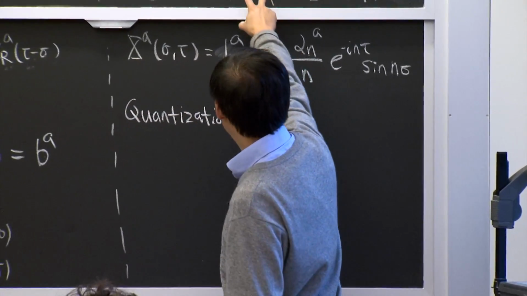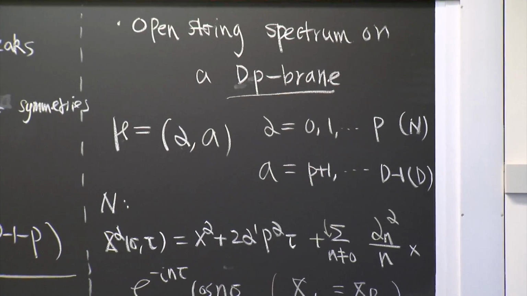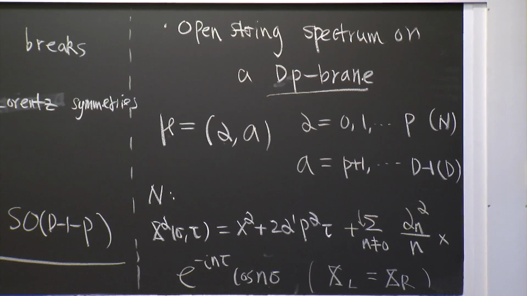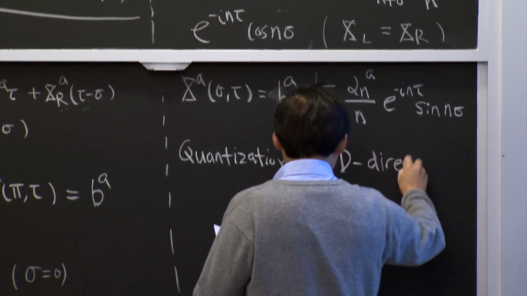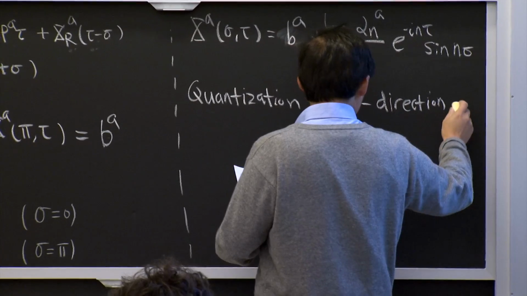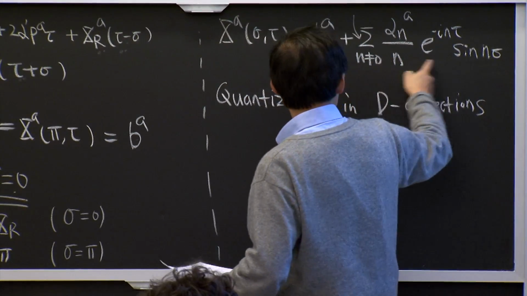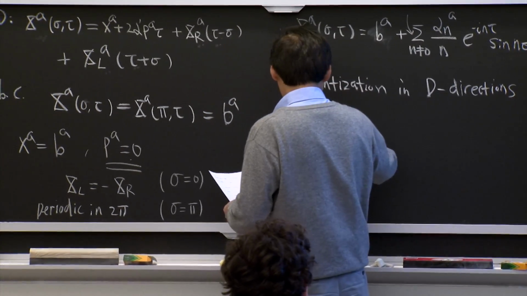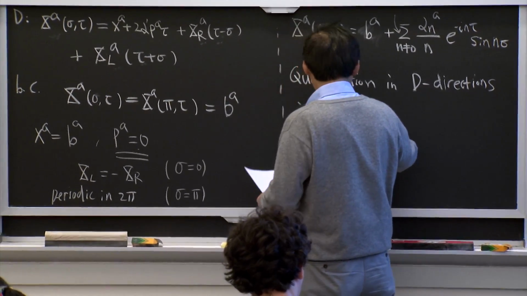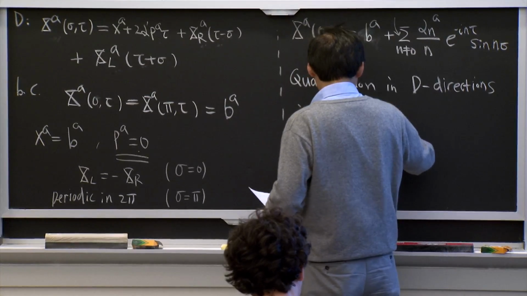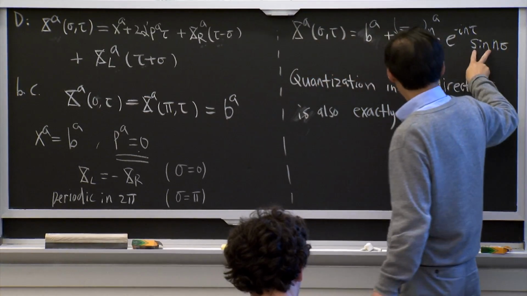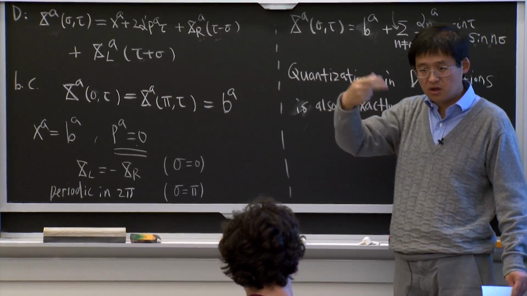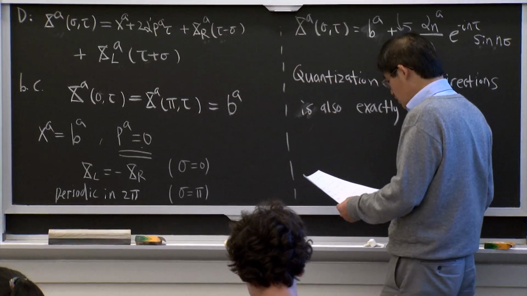So the quantization of the Neumann boundary condition is exactly the same as before, and actually quantization in Dirichlet directions with this setup is also exactly the same, because essentially the only change is cosine sigma goes to sine sigma. You can walk through that procedure and you find that nothing really changes.